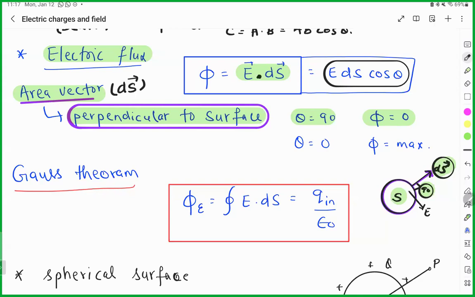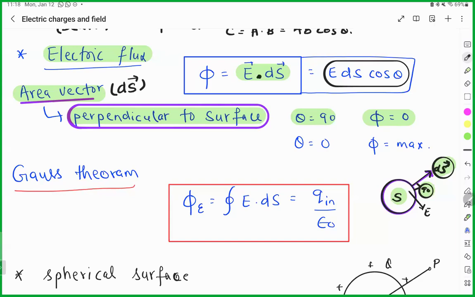Understood or should I explain this again? Take your phone and your pen. If your phone is perpendicular to the pen, the pen is like the electric field and the phone is like the surface, not surface area. So maximum lines will pass through this phone. Easy to understand? But now rotate your phone by 90 degrees and keep the pen in the same direction.